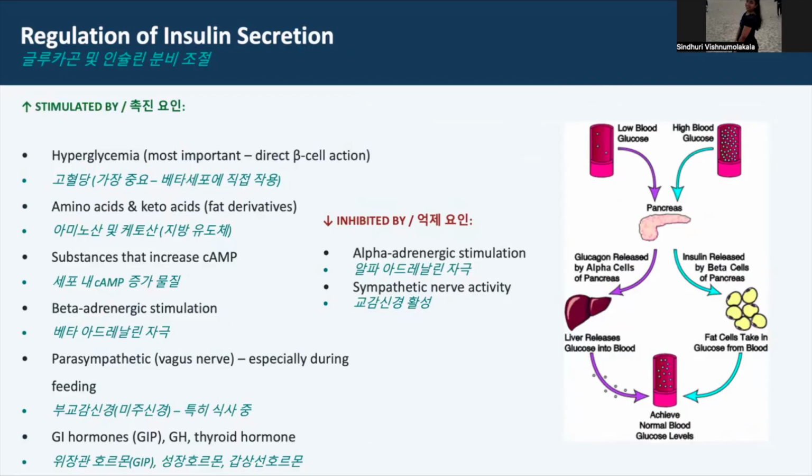It is also released by amino acids and keto acids, which are fat derivatives, by protein rich meals, glucagon, substances that increase cAMP, beta adrenergic stimulation, parasympathetic activity especially during feeding, GI hormones, GH, thyroid hormone, and it is inhibited by alpha adrenergic stimulation and sympathetic nerve activity.